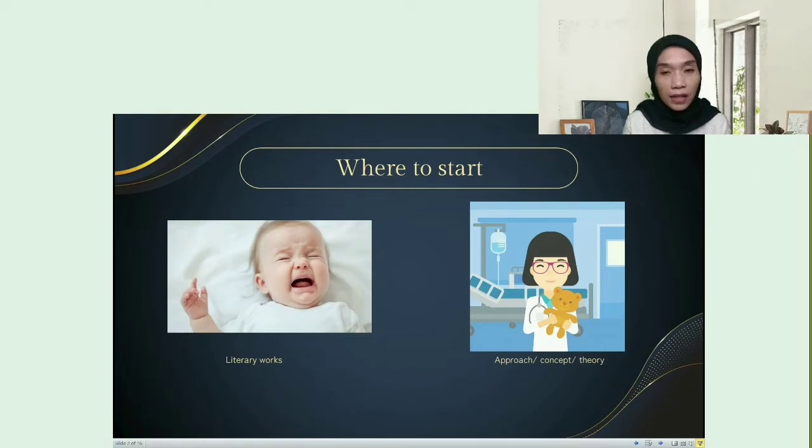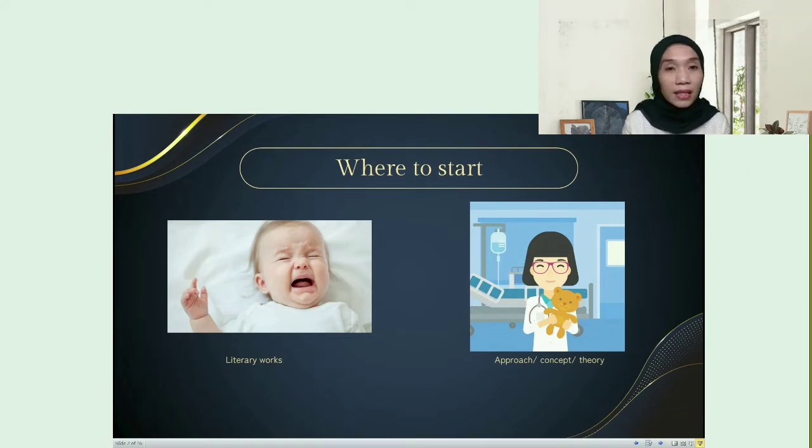And after that, you can move on to finding the approach, concept, or theory that you can apply in order to discuss and analyze the issue that you found in the literary work.